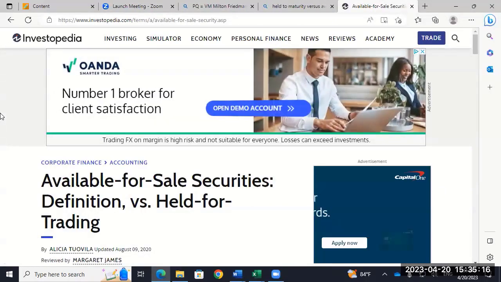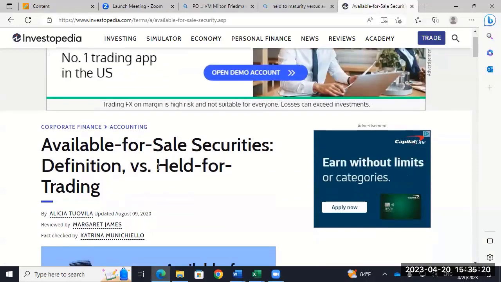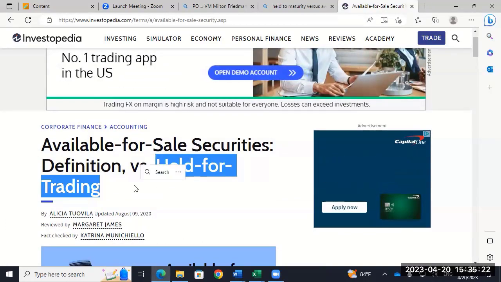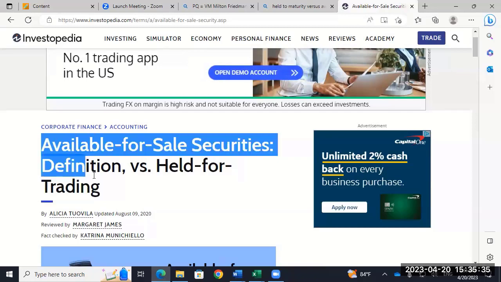If you're interviewing with a bank or insurance company, so what happened with Silicon Valley? Well, they had some bonds held for trading or held to maturity that were falling in price, but no one knew because they weren't marking to market. Available for sale, you've got to mark to market. So this is a huge issue.